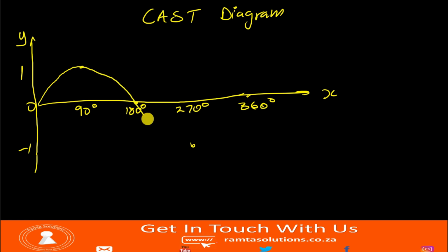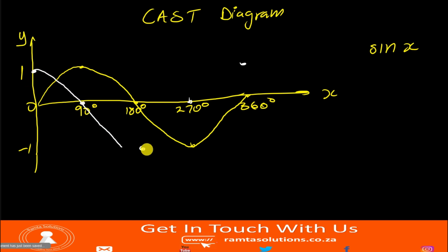Let me say this is sine x. And then your cosine graph would be like this. This is your cos x.